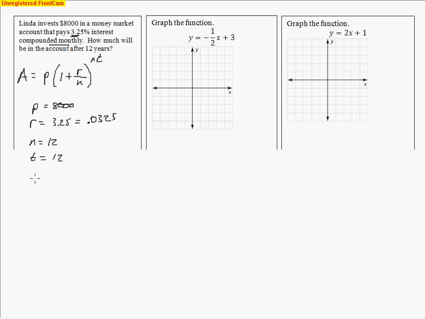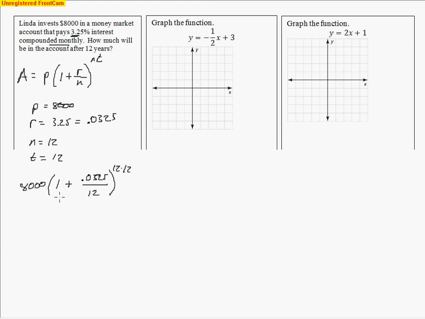So we go ahead and substitute the numbers into the formula. 8,000 times 1 plus 0.0325, and then you got to divide that number by 12, because there's 12 months in a year, and 12 to the 12th power.